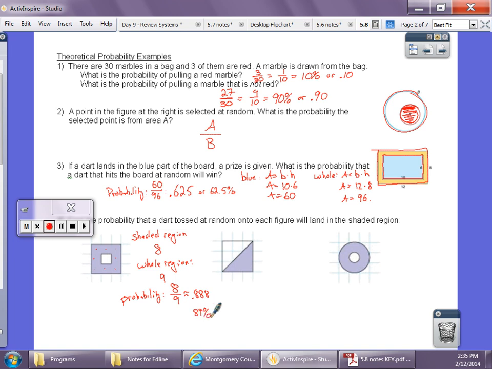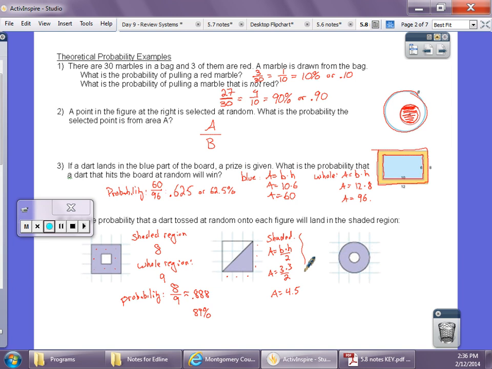If we look at the next one, you can find the area. The shaded area equals base times height divided by 2. So 3 times 3 divided by 2, area equals 4.5.